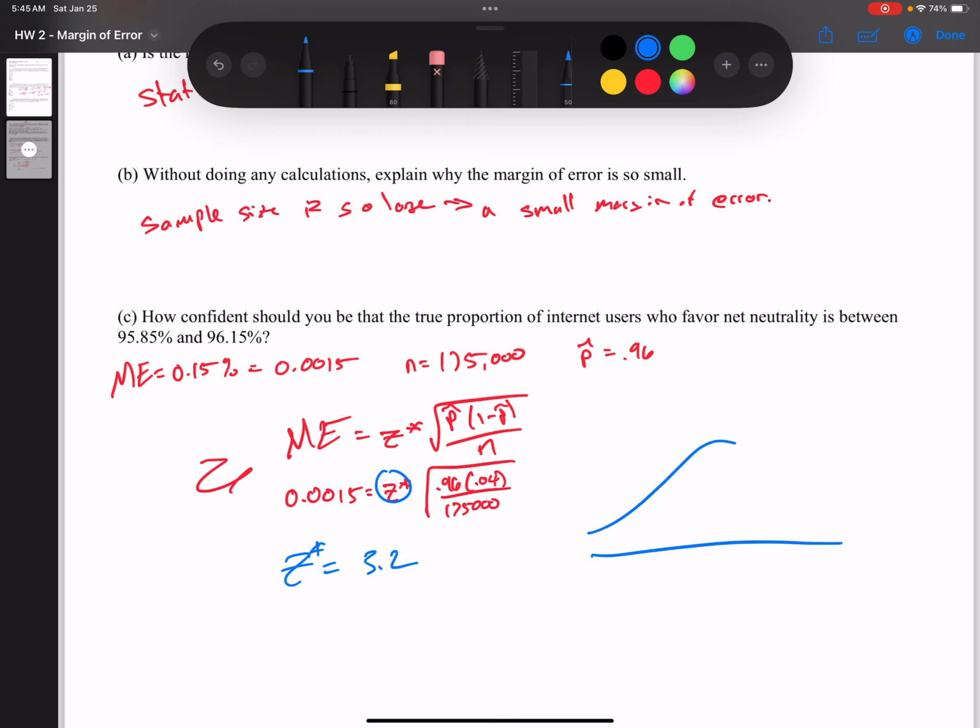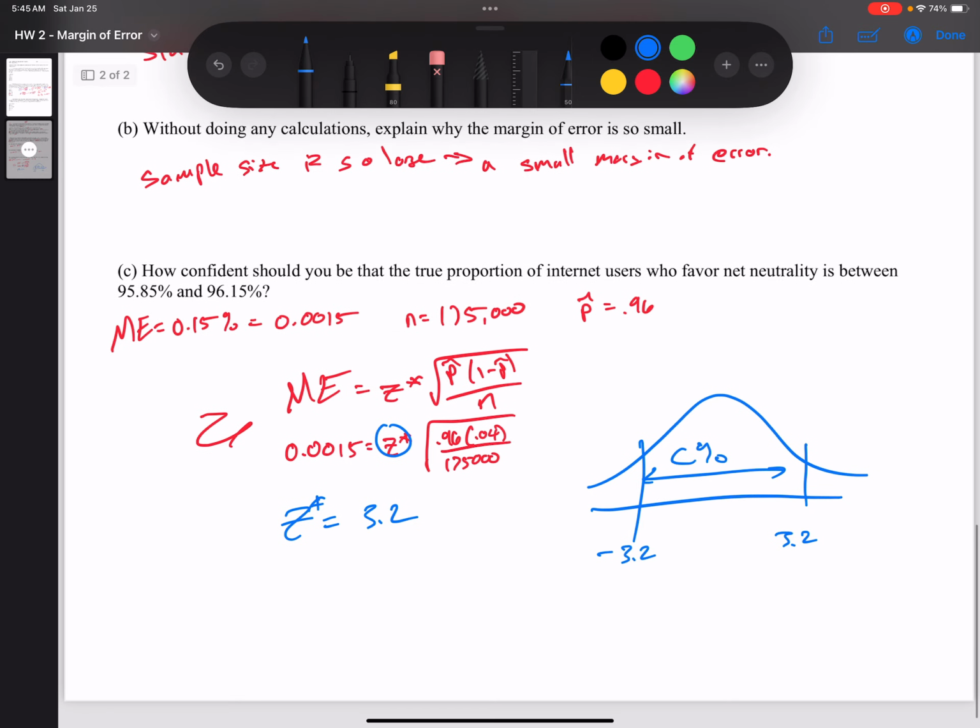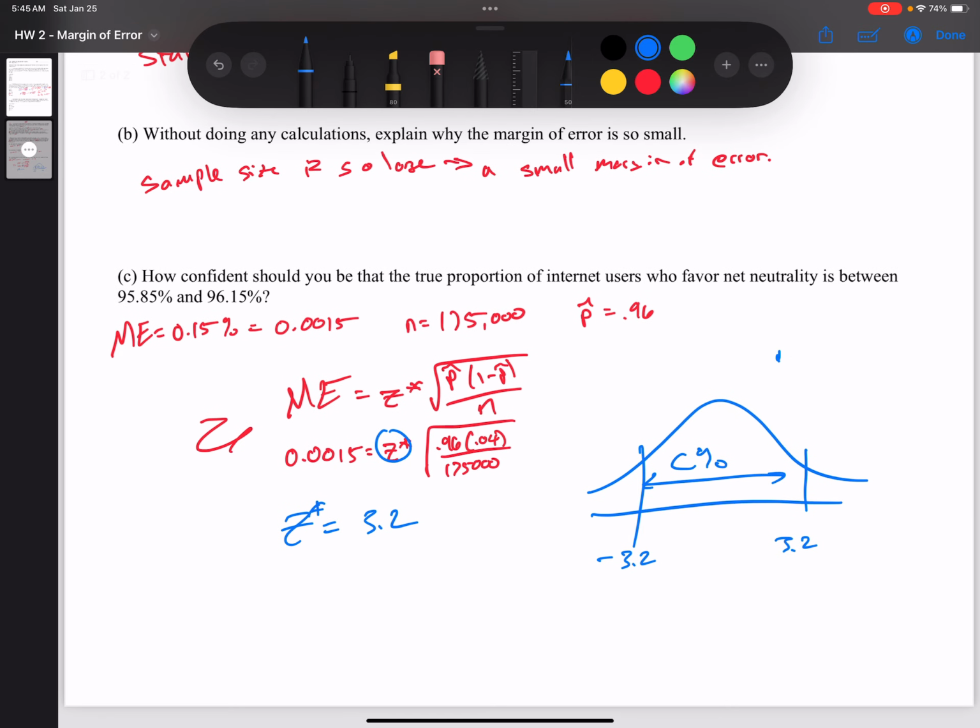Remember, in our normal curve, this means we've got a negative 3.2 on this side and a 3.2 on this side, and we're going to figure out what our confidence level is. That's just going to be a normal CDF, with a lower of negative 3.2, an upper of 3.2, and then all the rest of the default stuff. So we end up with a confidence level of 99.9%.